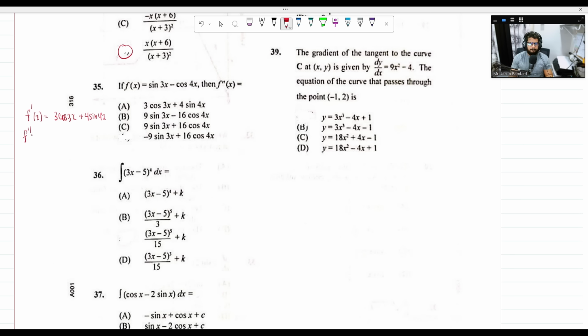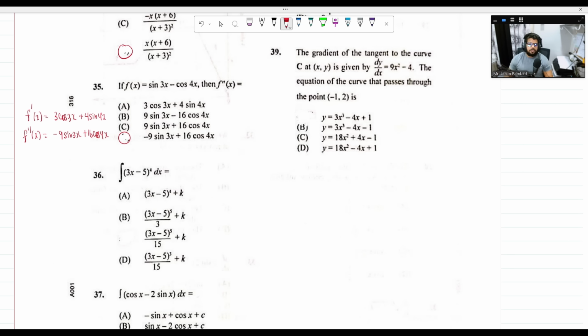Differentiate again. When I differentiate cosine, I get negative sine. So I'll get minus 9. Well, the only one that has a minus 9 is part D. Make sure minus 9 sine 3x is what we're looking at. Yes, we are looking at that. Alright, so let me just finish it off. Then we're going to get plus 16 cosine 4x, which is corresponding to D in its entirety.